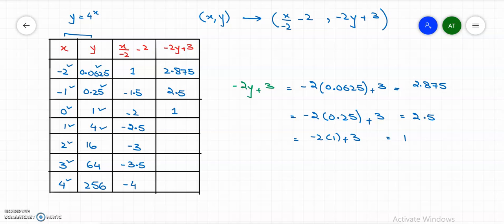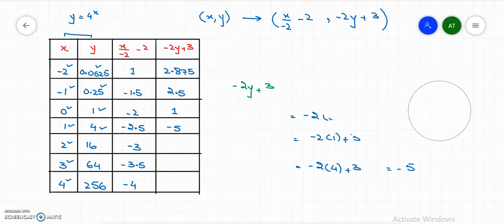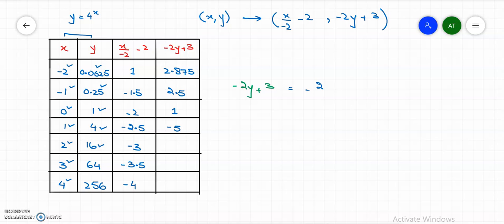When the y value is 4, we have -2 times 4 plus 3, that is equal to -5. The next y value is 16. So we have -2 times 16 and then plus 3, and that is equal to -29.